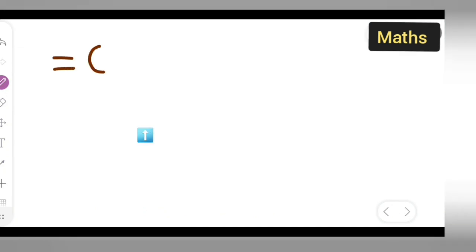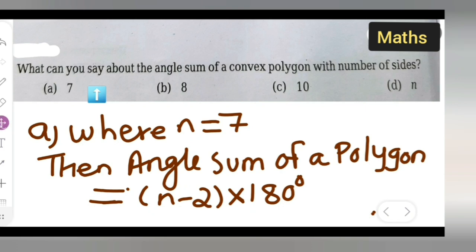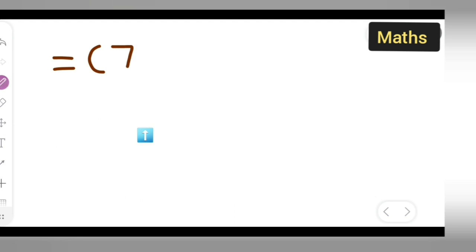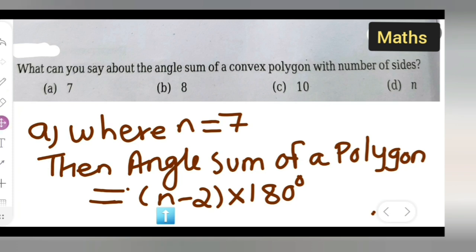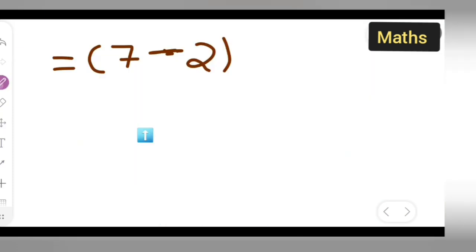Now what is your n? n is given to be 7 over here. So replace n by 7. So this will be (7 minus 2) multiplied by 180 degree.